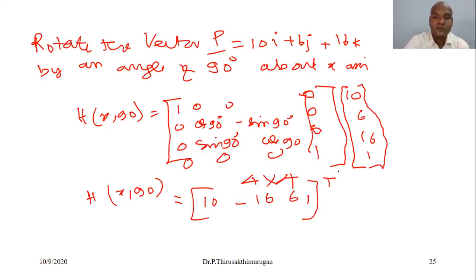So this is the translated position. Okay. The remaining things we will continue in the next class.